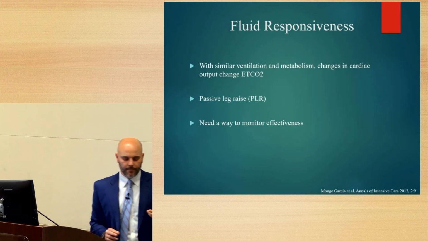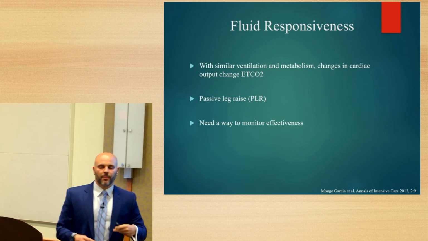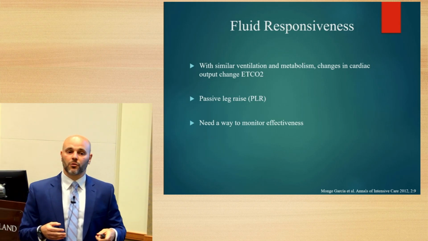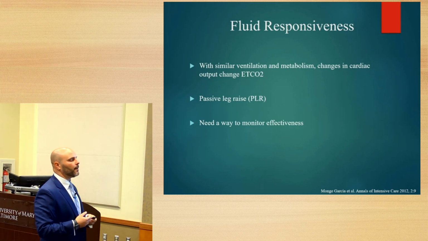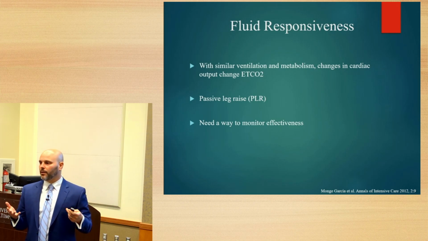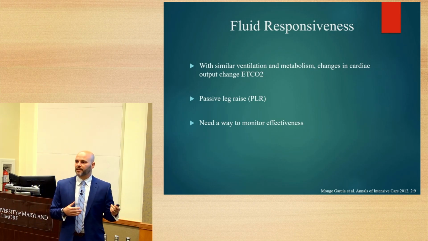There we go. Okay. So once we have a diagnosis of sepsis, and once we think that this patient is sick, we can also utilize end tidal for fluid responsiveness.